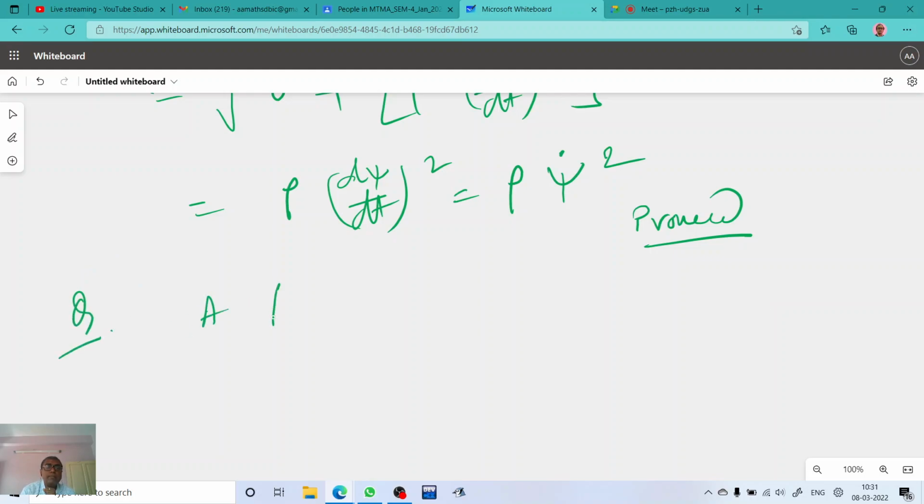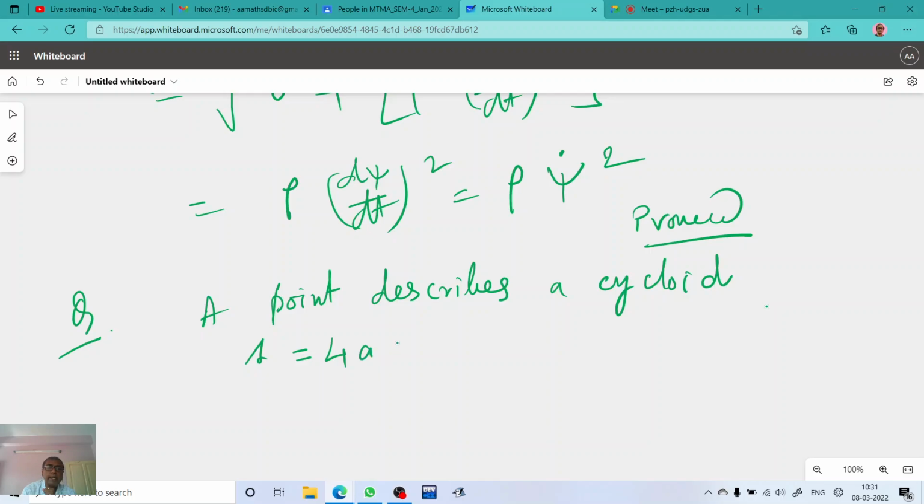A point describes a cycloid s equals 4a sin psi with uniform speed v.